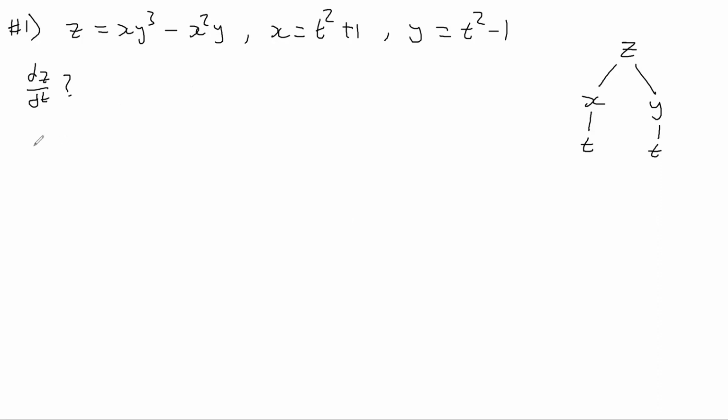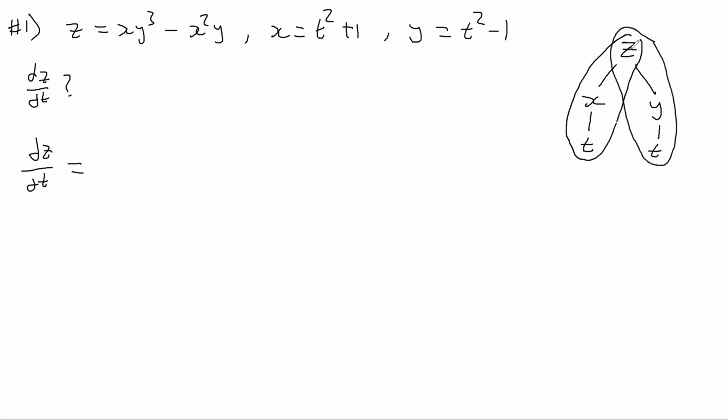Looking at the tree diagram, we can see that to get to t there are two different routes: the route going through z, x, and t, and the route going through z, y, and t. In this case it's pretty straightforward, as each variable is represented with t, but in other questions we'll see later, sometimes equations are dependent on more than one variable.